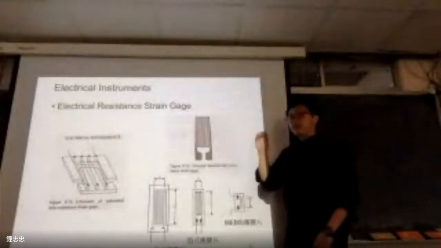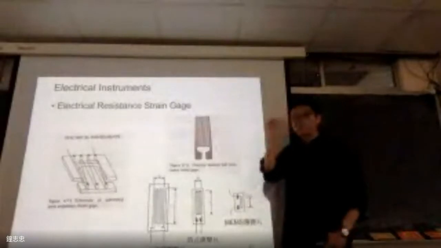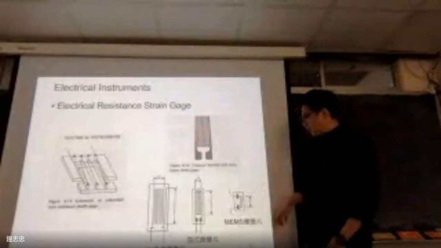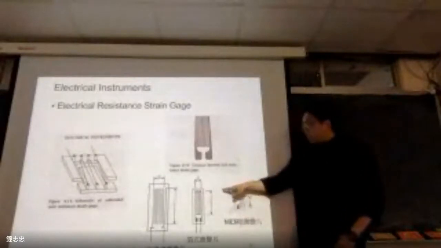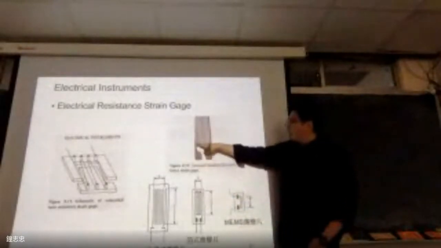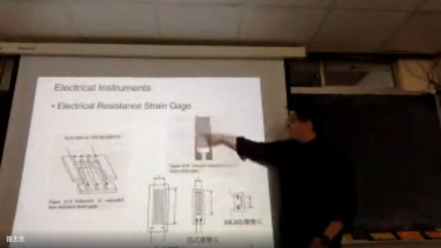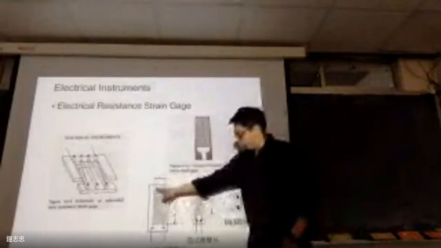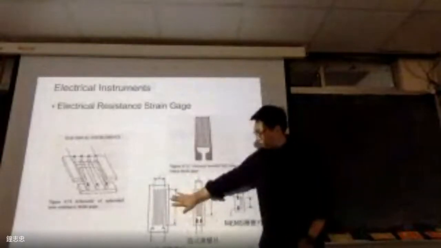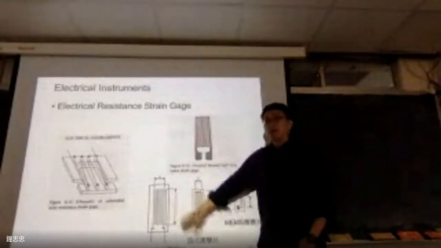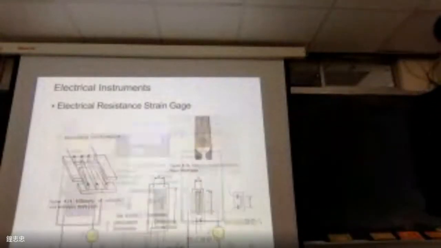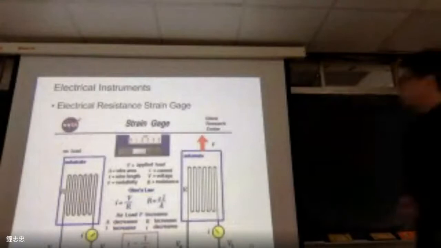It is a very thin type of sensor. For right now, they use this electrical path. This is the wire. So to have a strain gauge like this one. For example, let me show you.